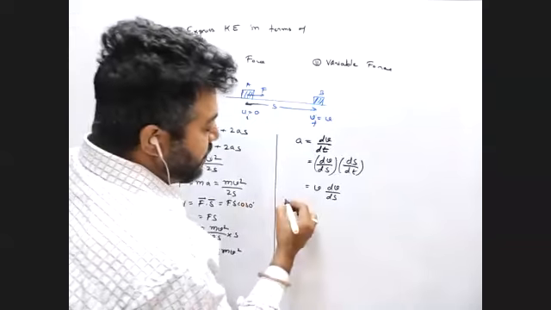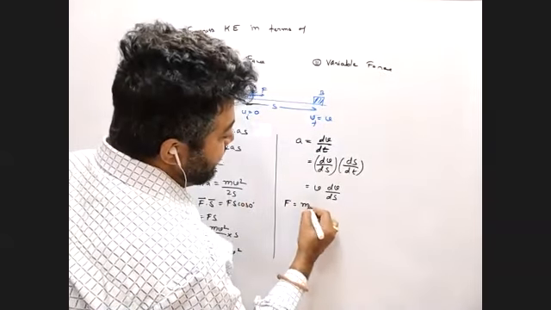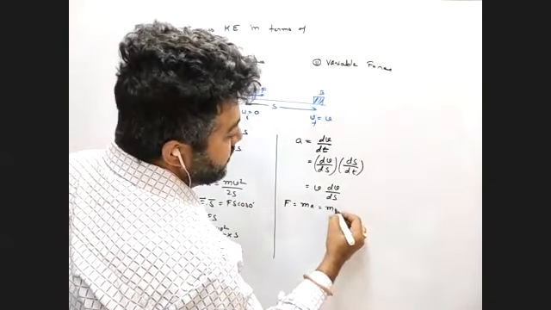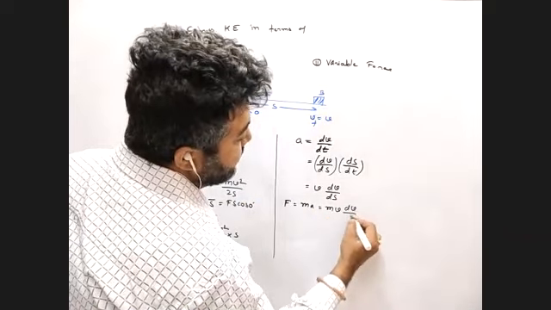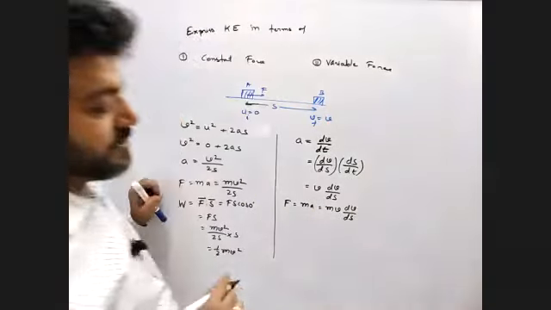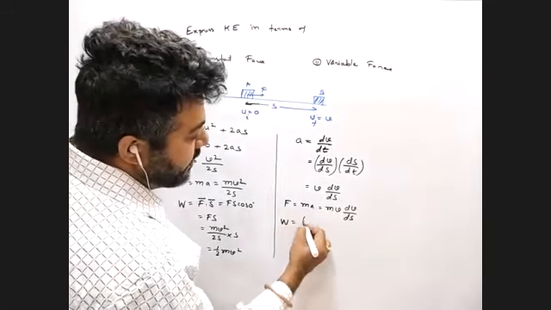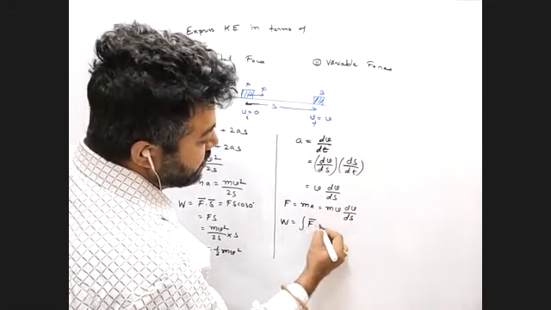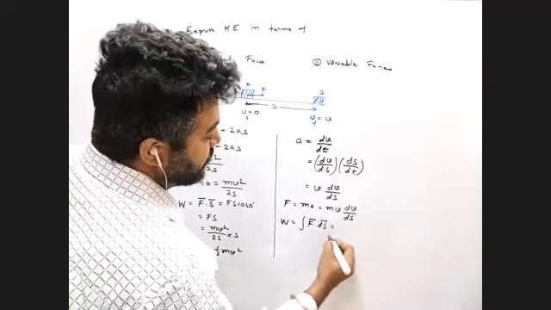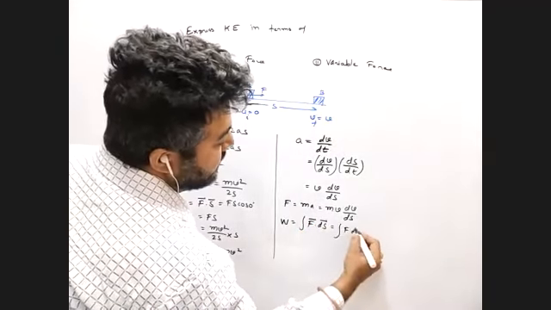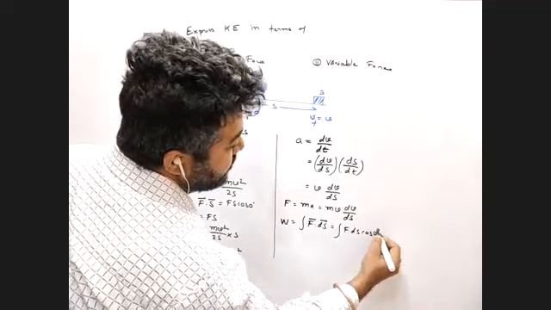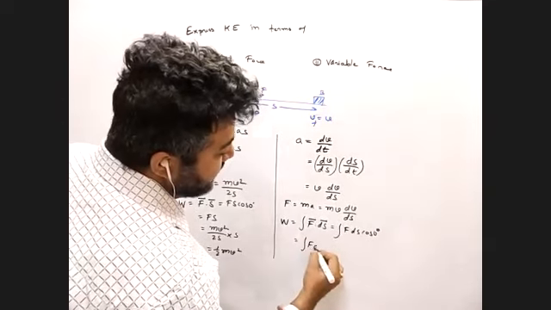So now force is, we know, mass into acceleration. So we can write m v dv by ds. And now the work done is F dot ds. So F ds, if you write cos 0, that is F ds.